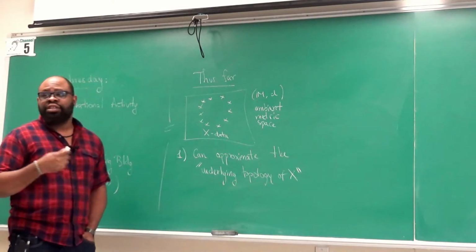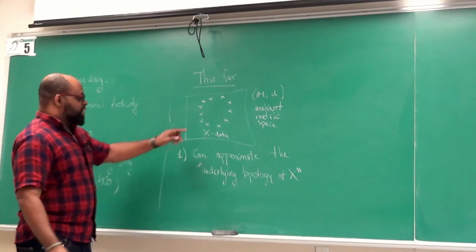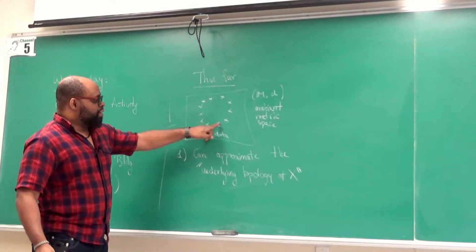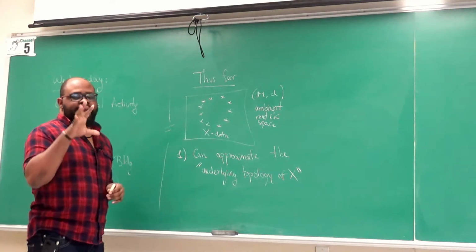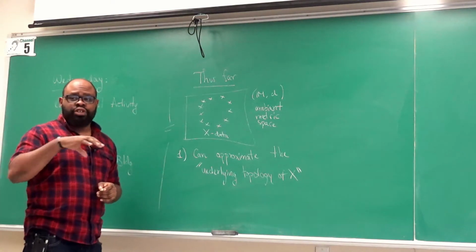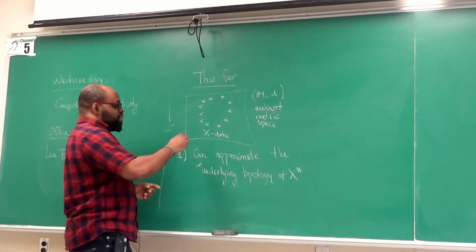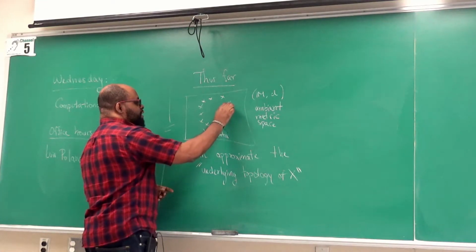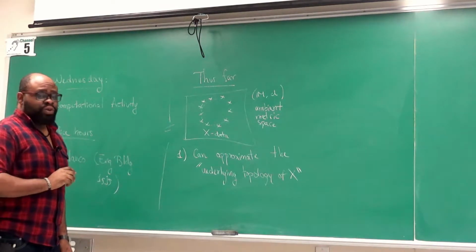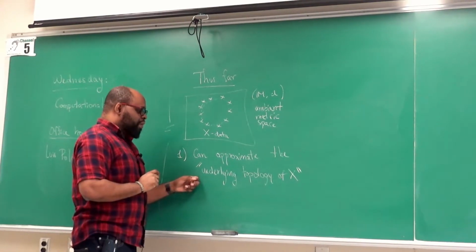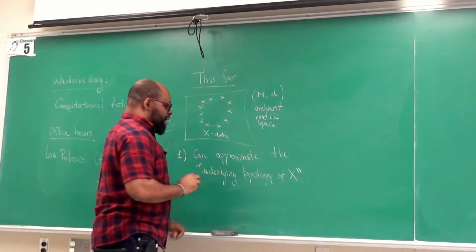And by underlying topology, I mean sort of the space that seems to underlie the data. Or in other words, if you think of the data as being sampled from some continuous ground truth, then that's what I mean. Sort of the space that underlies the data that you collect.